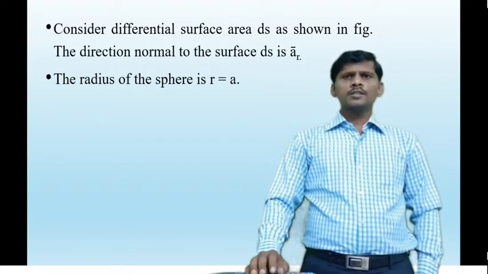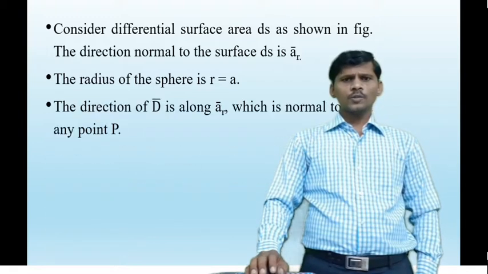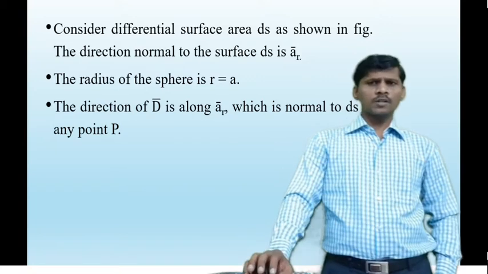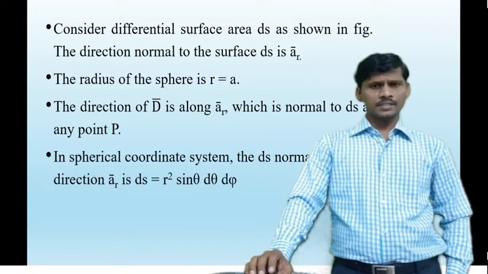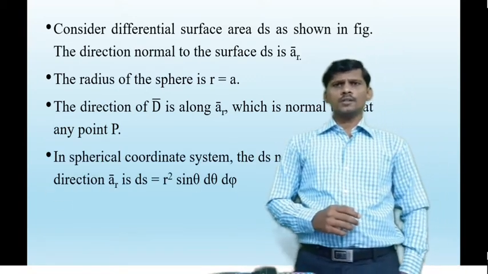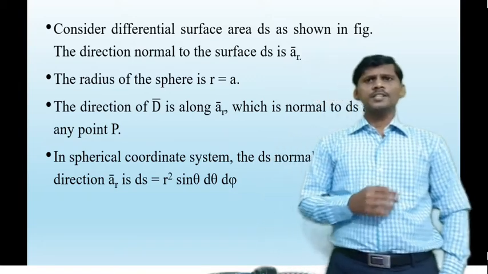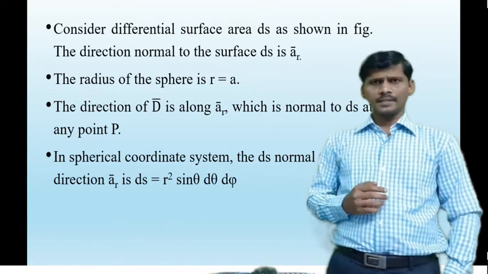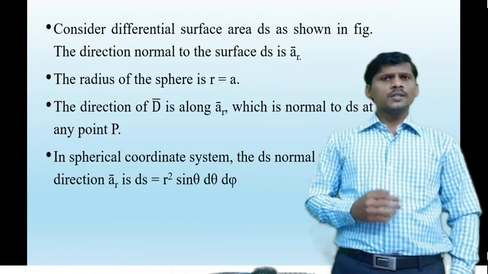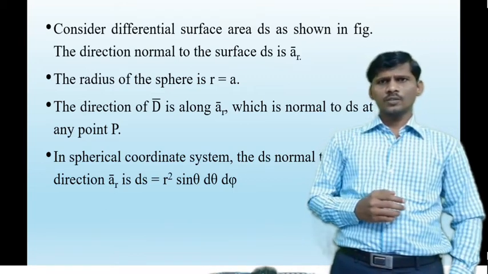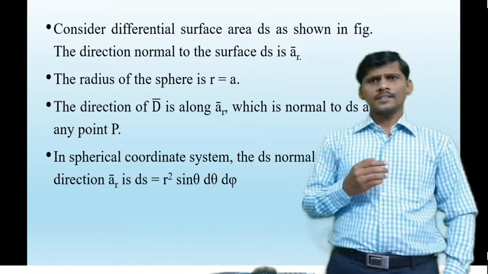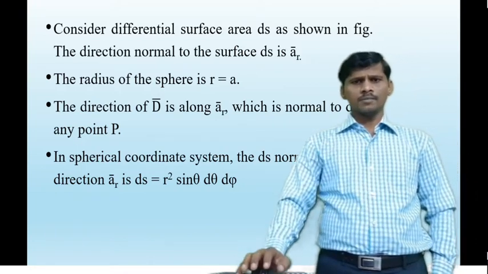So what is the radius of the sphere? r is equal to a. The direction of the electric flux density is along a_r bar, which is normal to dS. In spherical coordinate system, the differential surface dS bar is equal to r square sin theta d theta d phi a_r bar.